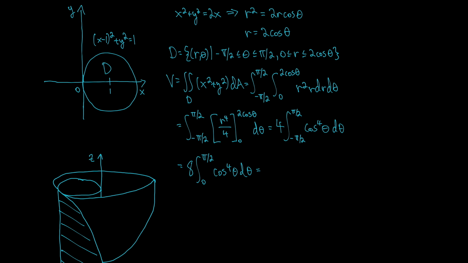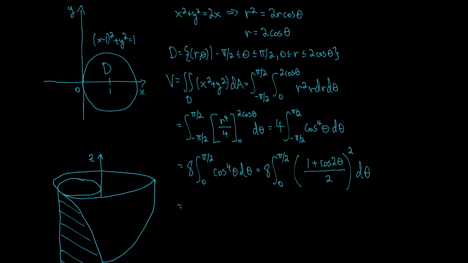Remember, cosine squared has that half angle identity, one half times 1 plus cosine 2 theta, so I just have to square that. So I get 8 times the integral from 0 to pi over 2 of the quantity 1 plus cosine 2 theta over 2, squared. I have to make sure the half is on the inside because it has to be squared.